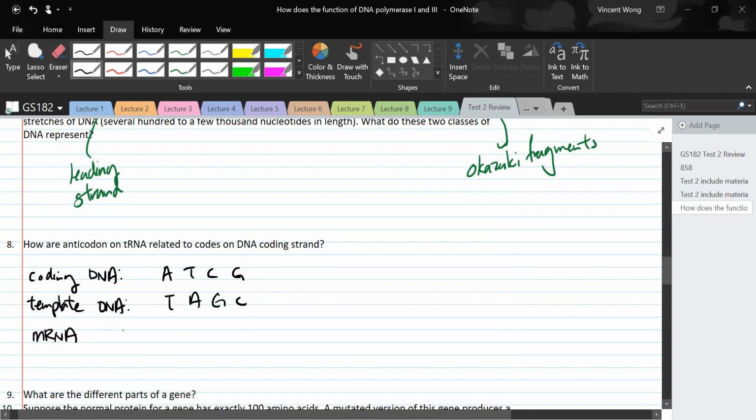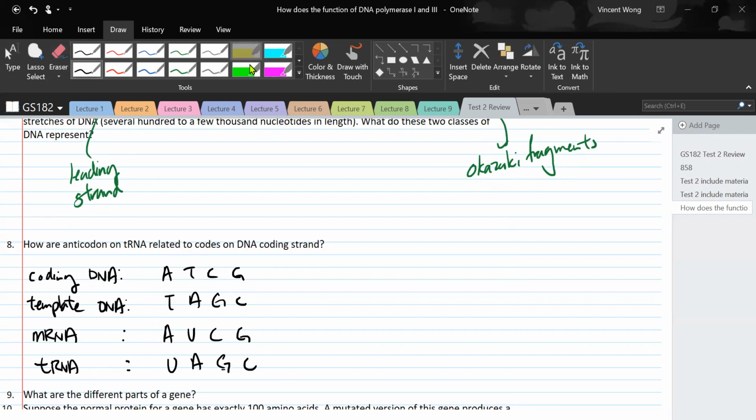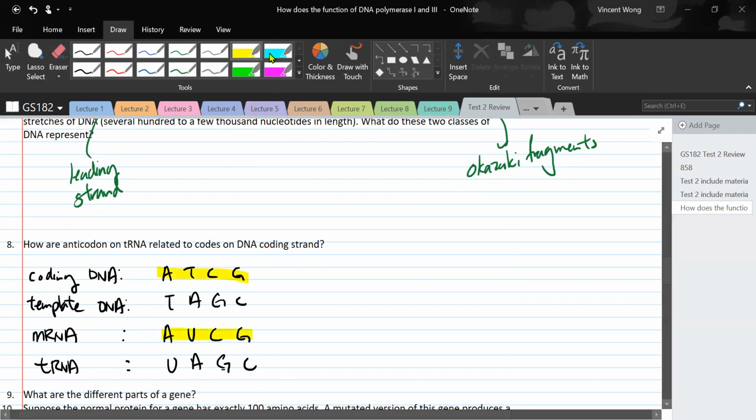And the messenger RNA is going to be identical to the coding, but the T becomes the U, right? And then the anticodon, the tRNA, that's going to be complementary to the messenger RNA. So that would be UAGC. Right, so this shows you the relationship. Essentially, the messenger RNA is same as the coding, and then the template DNA is same as the anti-codon.